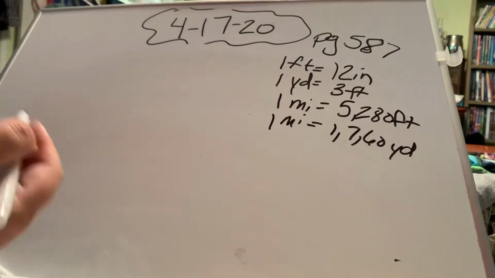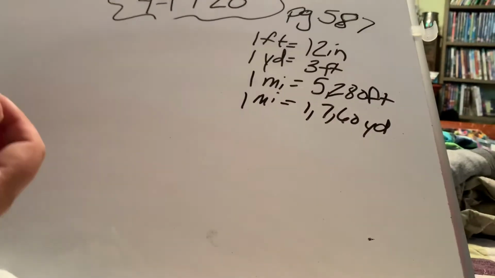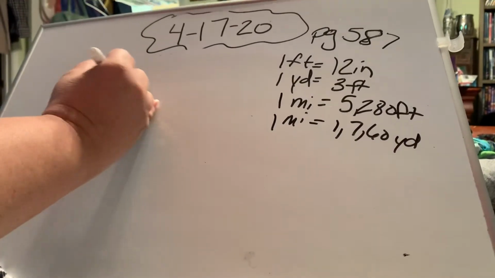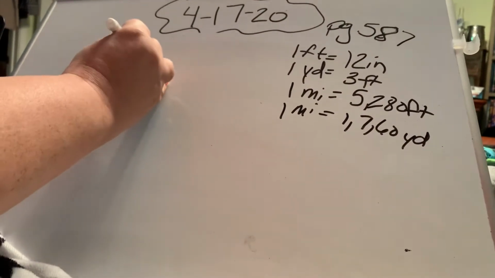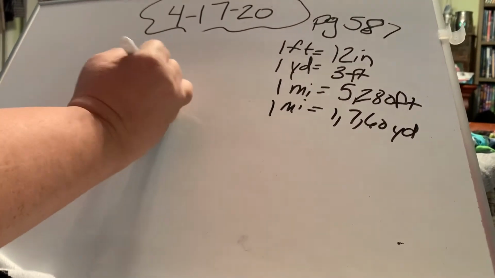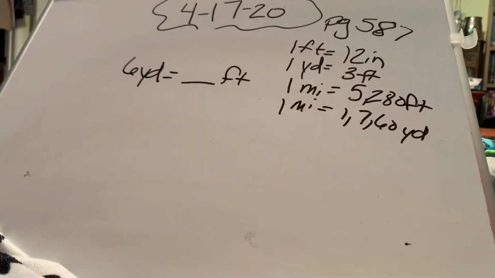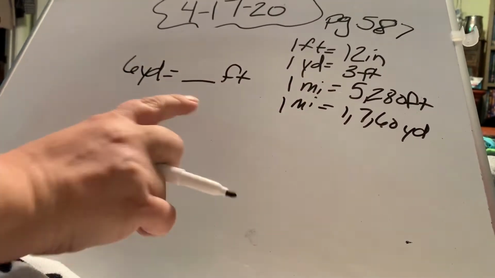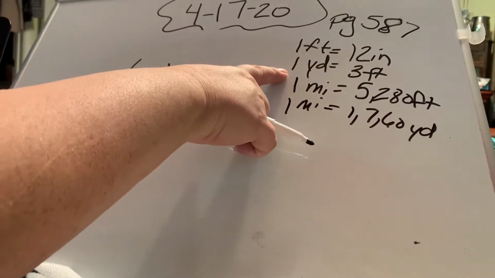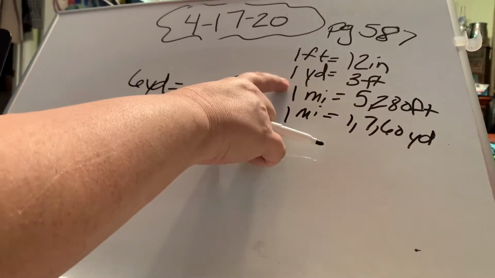So let's go ahead and try number 2. Number 2 has, am I still in frame? Yeah. 6 yards. It wants to know how many feet, right? So we are going from yards to feet. There are way more feet than there are yards.